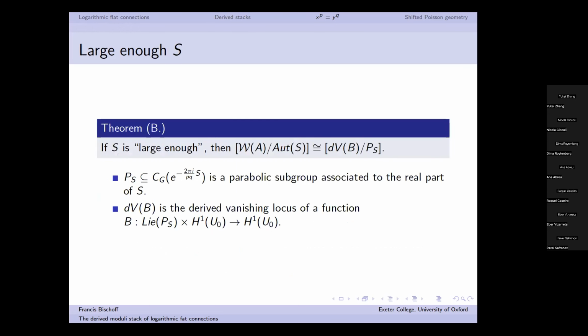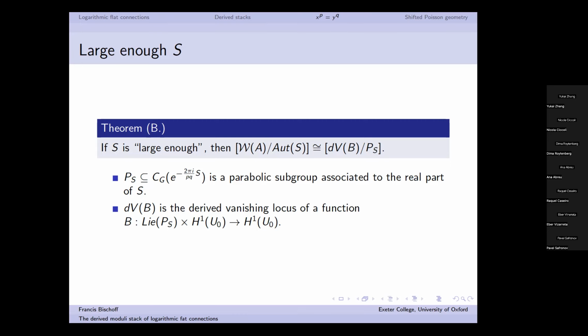There's a resonance type condition: if the eigenvalues of the adjoint action of S are large enough in some sense, then this moduli space has an even simpler description. It's basically given by some function B on some vector space, where you take the derived vanishing locus of that function and quotient out by a parabolic subgroup.